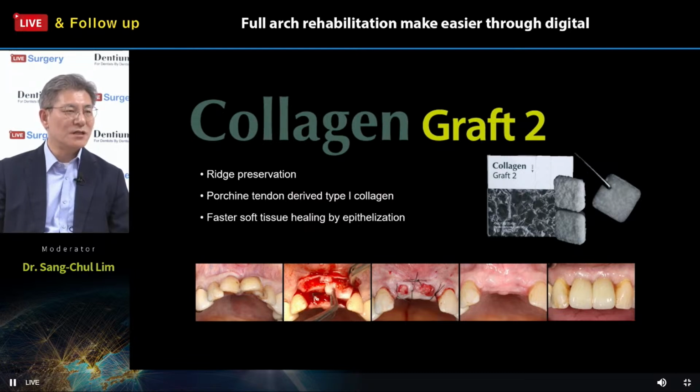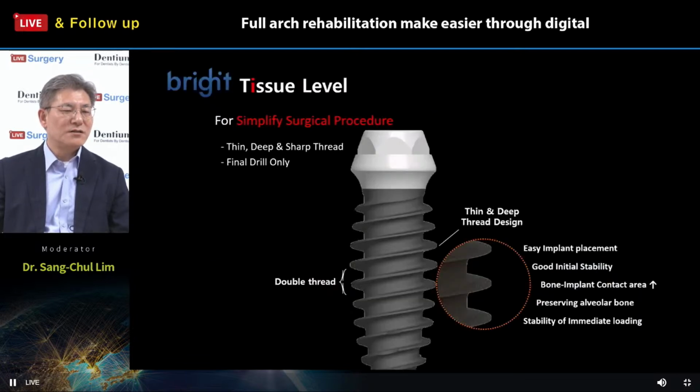We can use this graft material on ridge preservation; it is porcine tendon source, type 1 collagen. And the Bright tissue level implant I have introduced many times already. This tissue level implant has a built-in screw abutment style, with an external connection type.